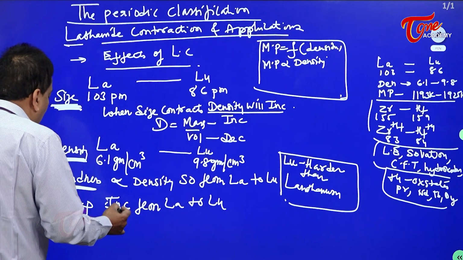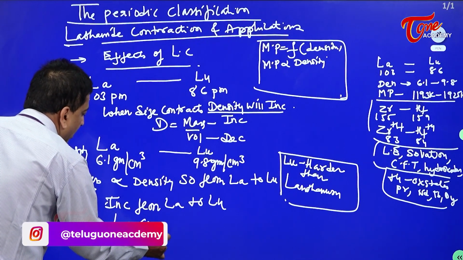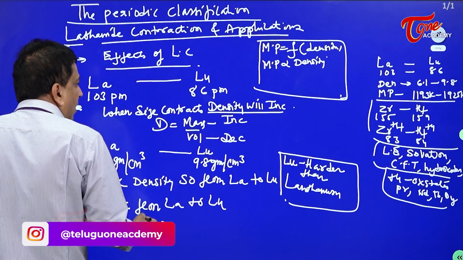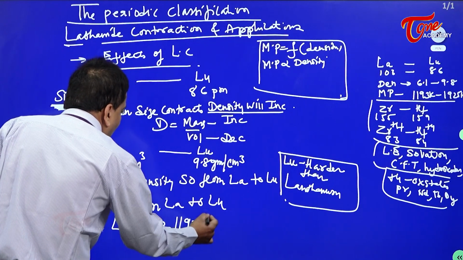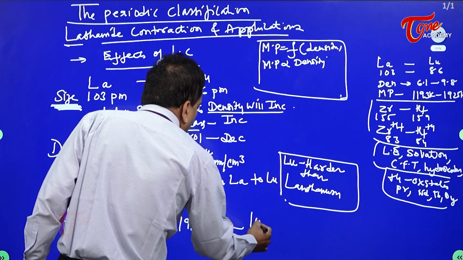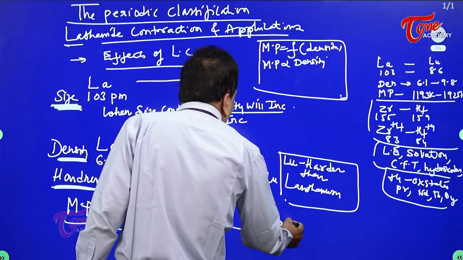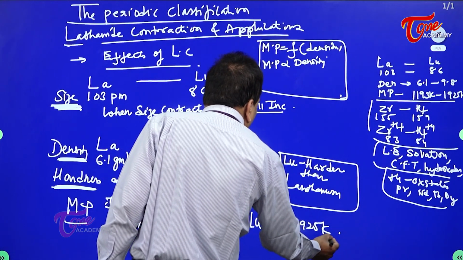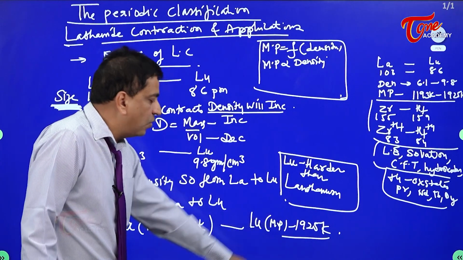Approximately, lanthanum melting point is 1193 Kelvin, and you end up at lutetium with a melting point somewhere around 1925 Kelvin.